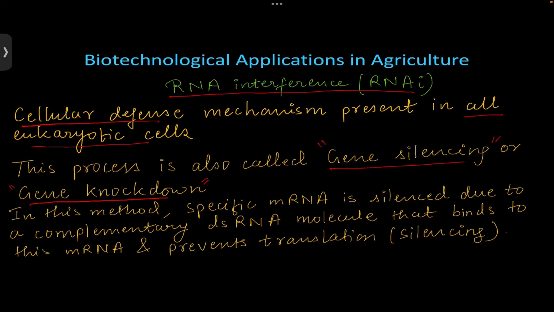Here, a particular type of mRNA is stopped from getting translated. Being stopped from getting translated means it won't make protein. So that is called silencing. Okay. So it is made silenced. Like chup ho jao. You cannot get translated.